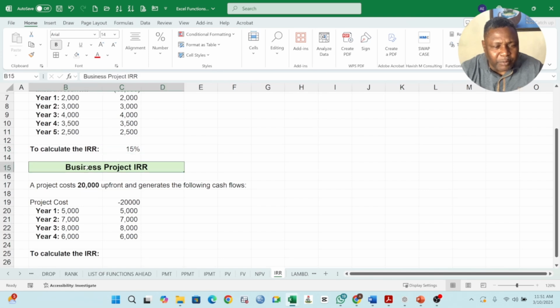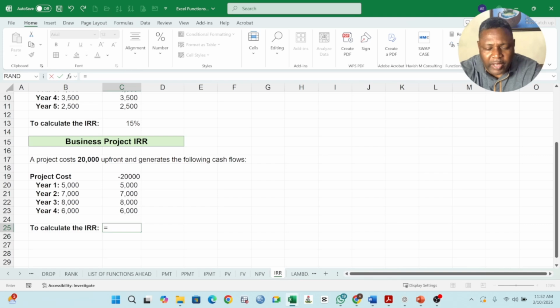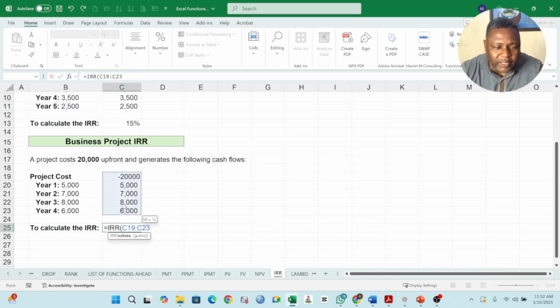Now, the second example talks about business project IRR. We have our project cost as our initial value, and then the anticipated generated cash flow over 4 years. All you need to do is provide the IRR, and then you pick all these as your values.